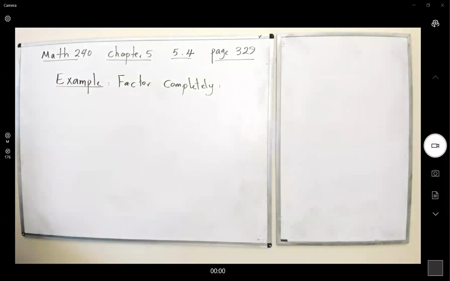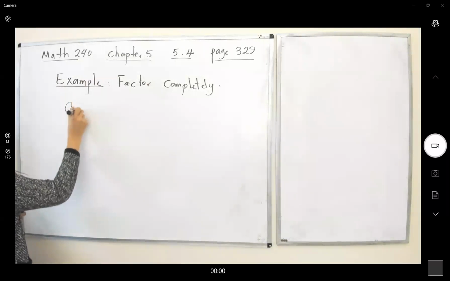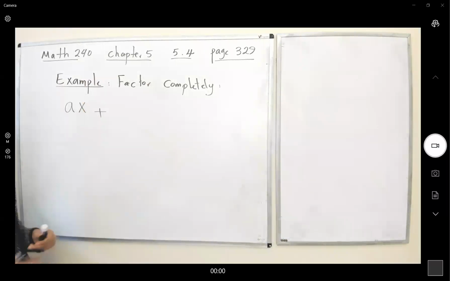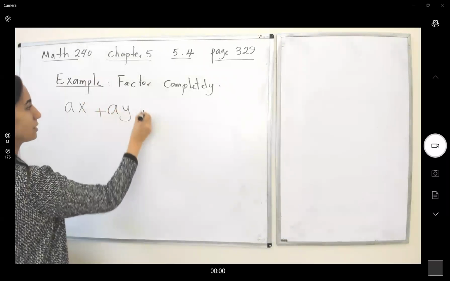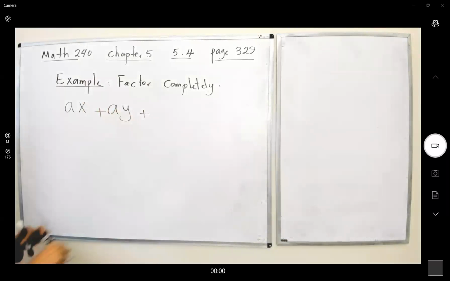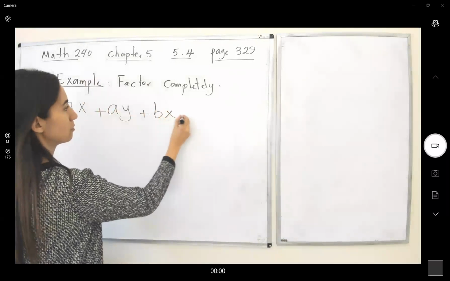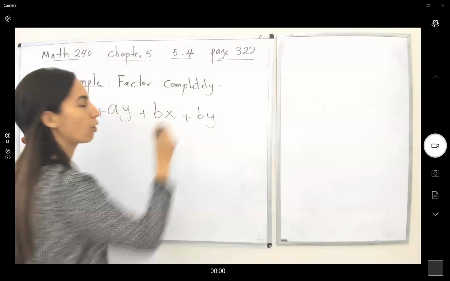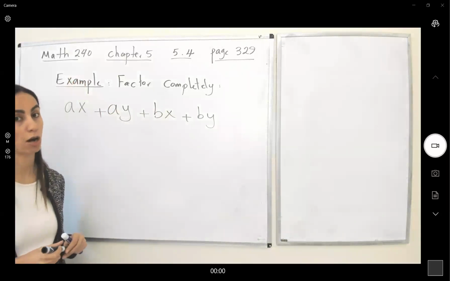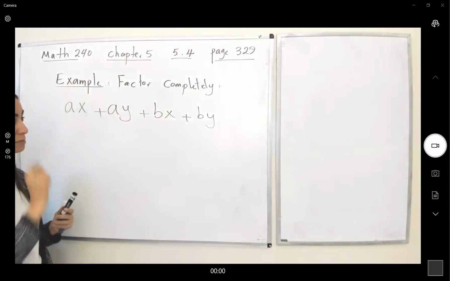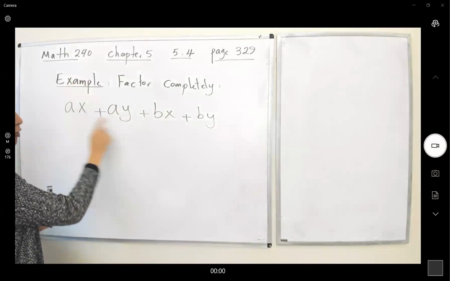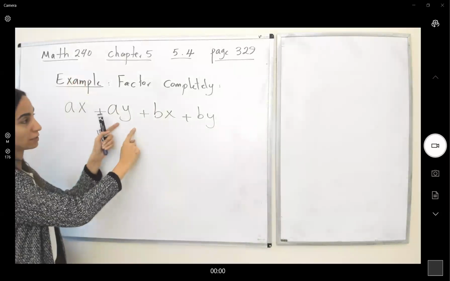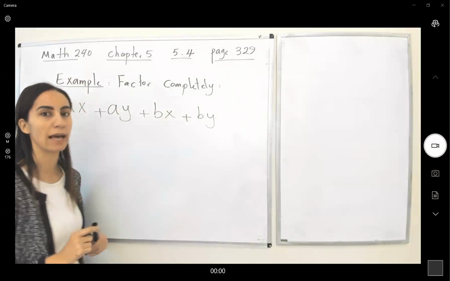Here you have ax plus ay plus bx plus by. Our goal is to factor completely. Okay, I see 4 addends, 4 terms. The first one, the second one, the third one, and the last one.